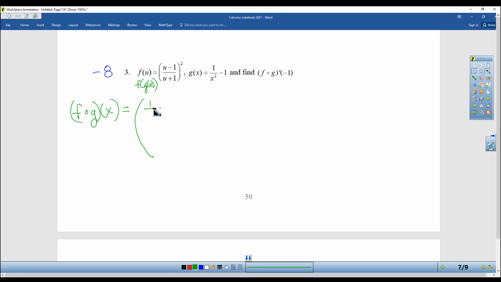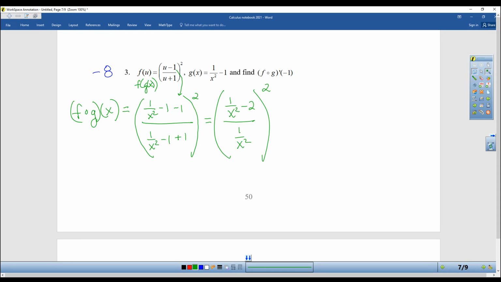It's going to be ugly. 1 over x squared minus 1, that's u, minus 1, all over, again, 1 over x squared minus 1, and then this plus 1. And all of that is squared. Not easy. 1 over x squared minus 2 over 1 over x squared. And the whole thing is squared.